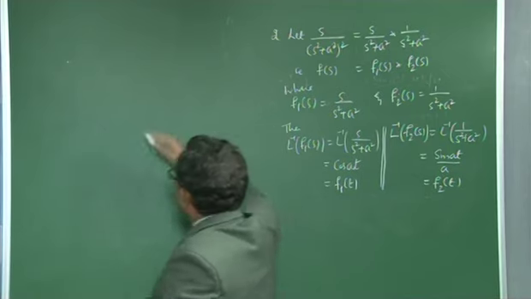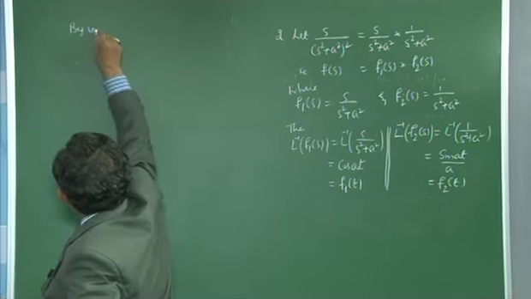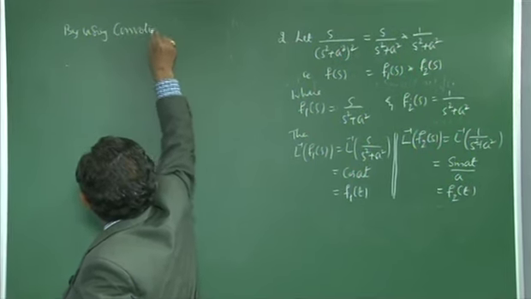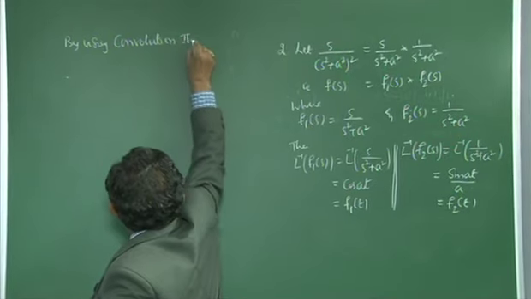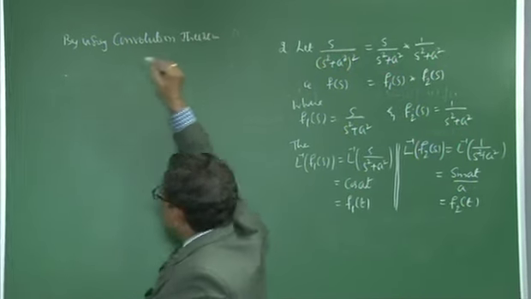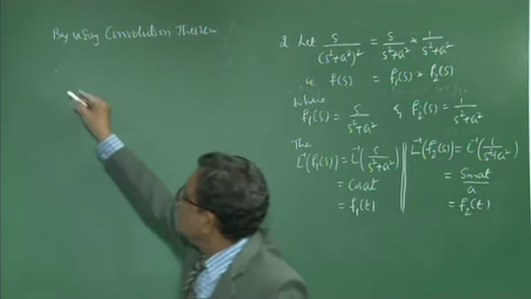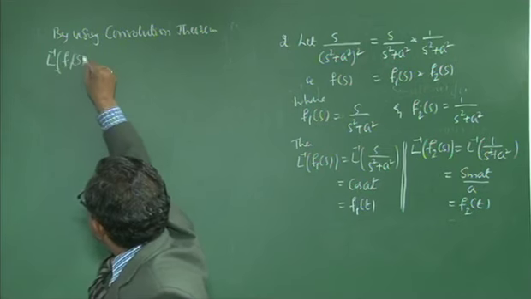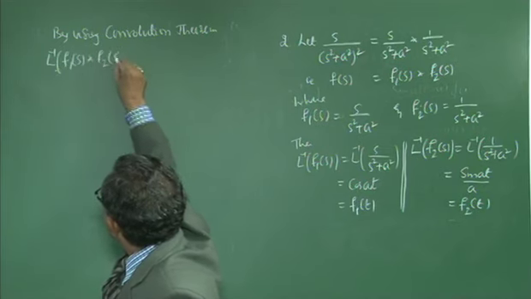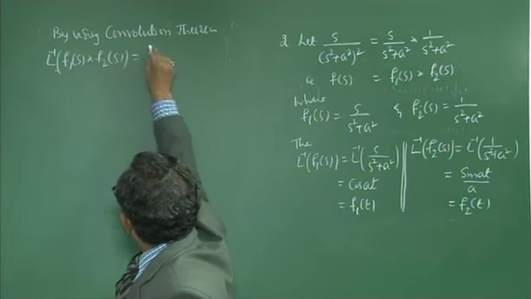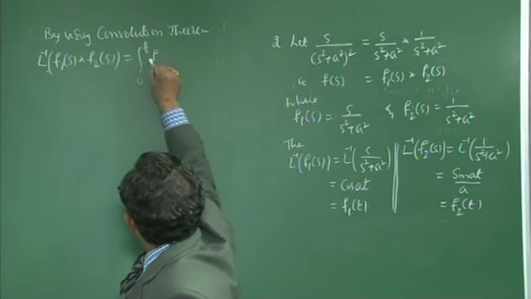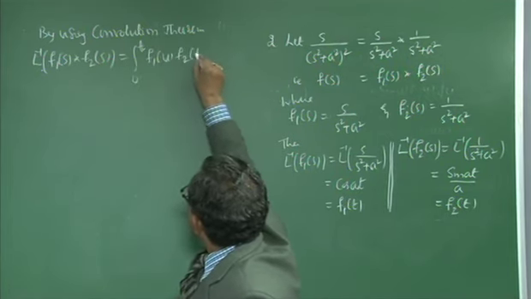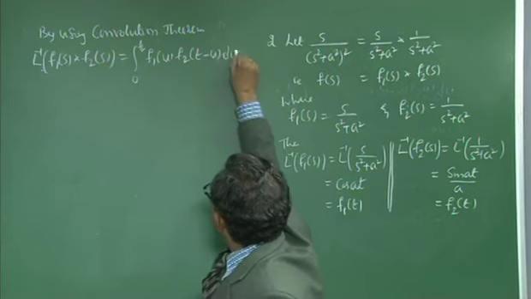By using the convolution theorem, what is the formula? Your formula is L inverse of f1(s) into f2(s) is equal to integration 0 to t, first function t changes to u, second function t changes to t minus u, du.